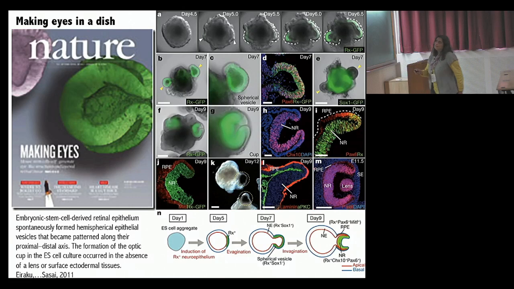And so this is essentially what you see as these aggregates develop over time. You will see the green bit evaginates first, and then it forms this two-layered cup. And you can look at all the molecular signatures of what these cells have become. And this is how you know that the architecture of this two-layered cup is like the architecture of the two-layered cup from a real embryo.